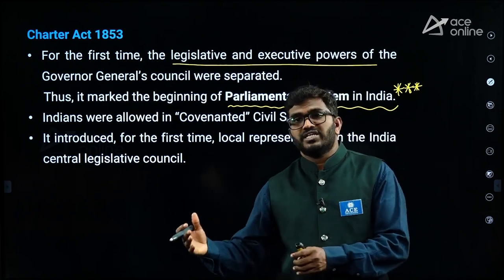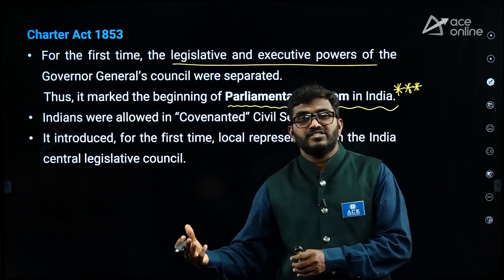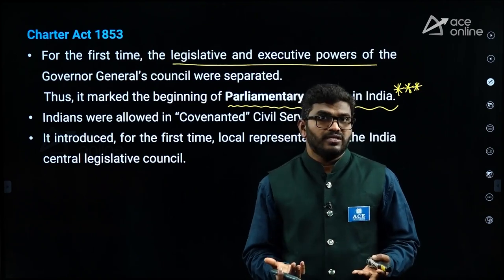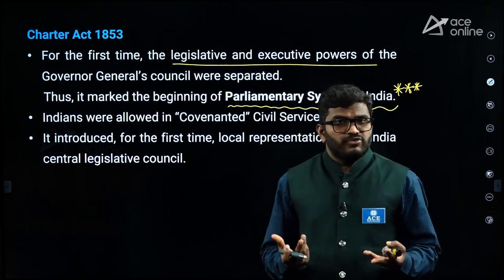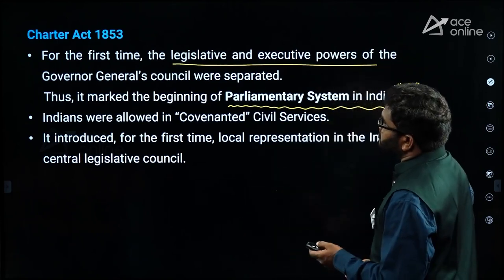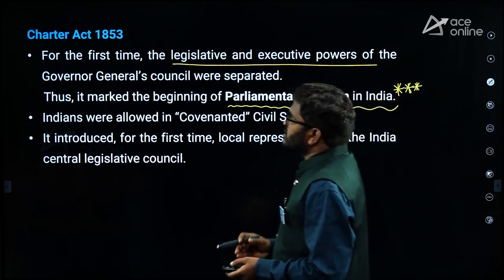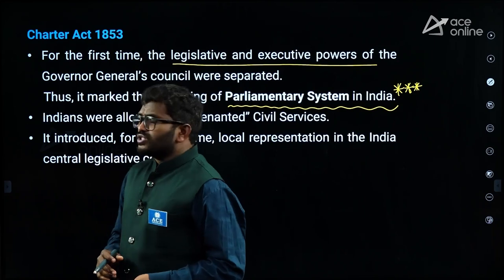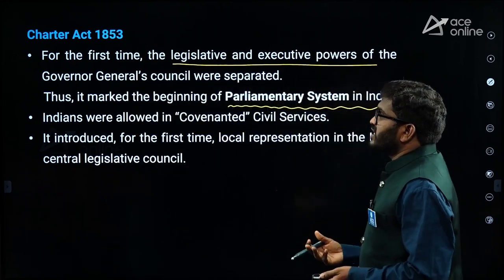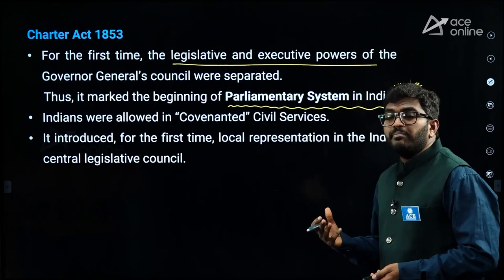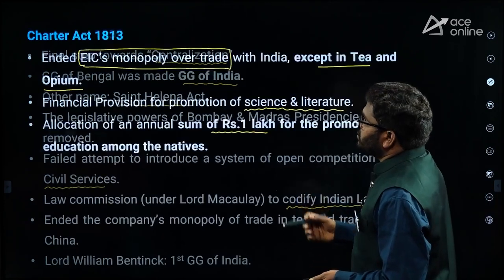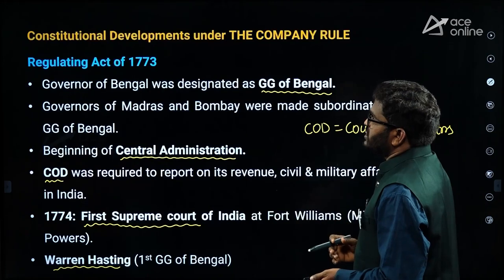Suppose there is any king who wants to enter that legislative council, they were allowed. A voting system had not come yet, but they allowed it. So remember this. This is the Chartered Act 1853. All these are the evolution of the Indian Constitution through the company rule. So you should remember some of the basic points here.